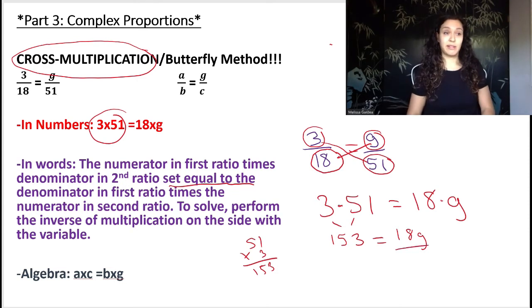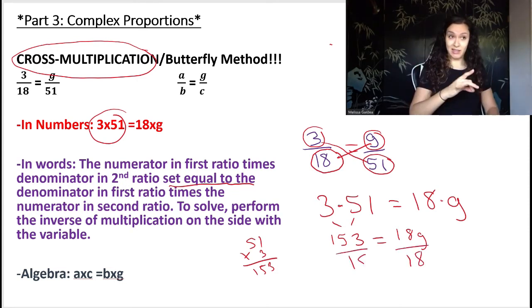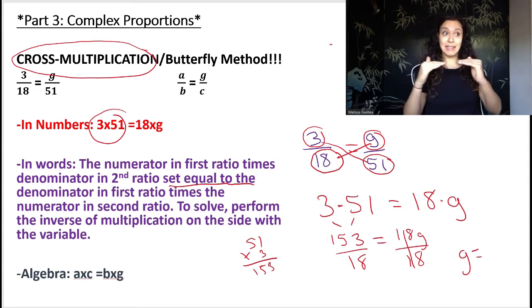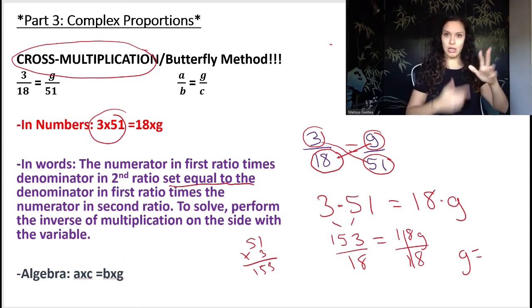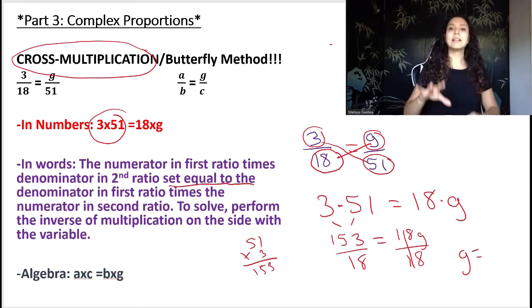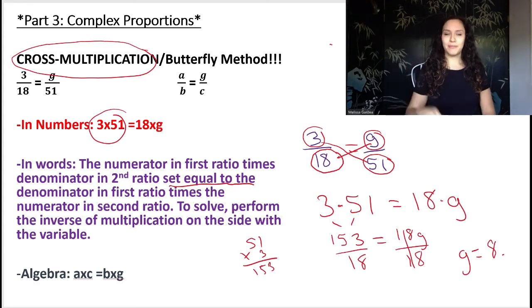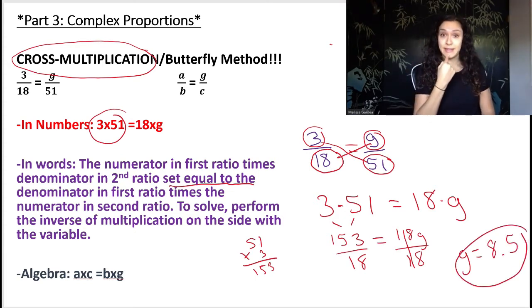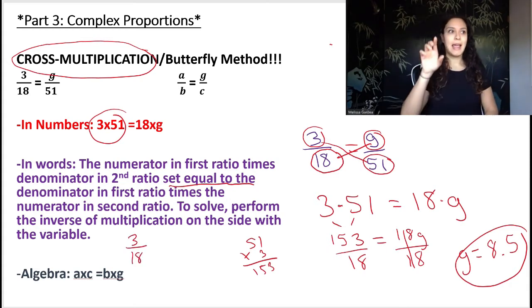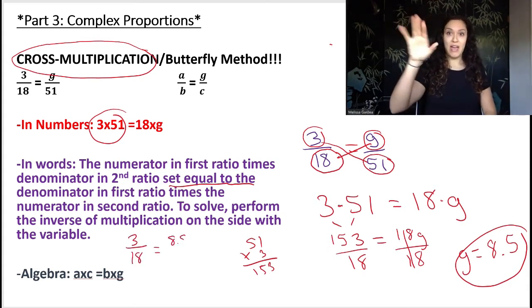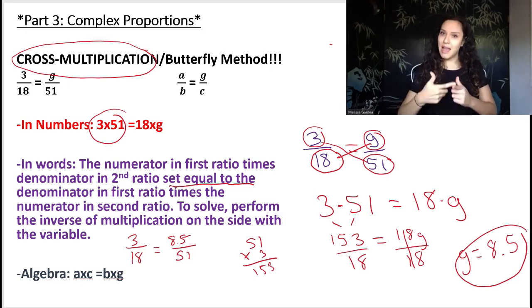So divide by 18, divide by 18. G equals 153 divided by 18, which is 8.5. So what this is saying is 3 out of 18 is the same thing as 8.5 over 51. That will make this proportion true.